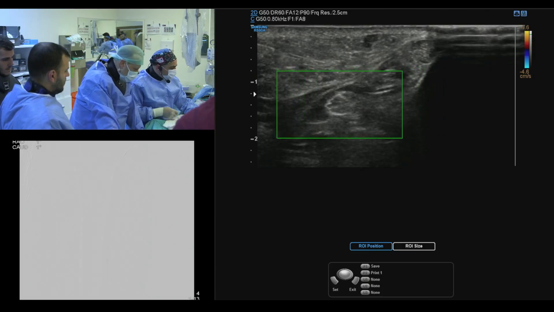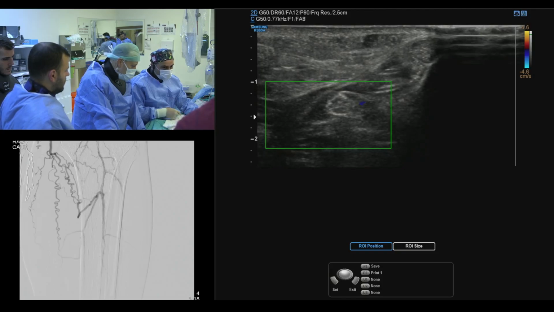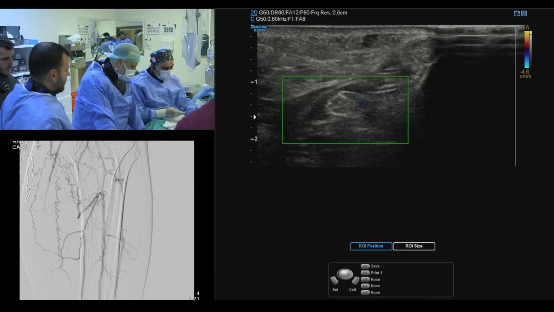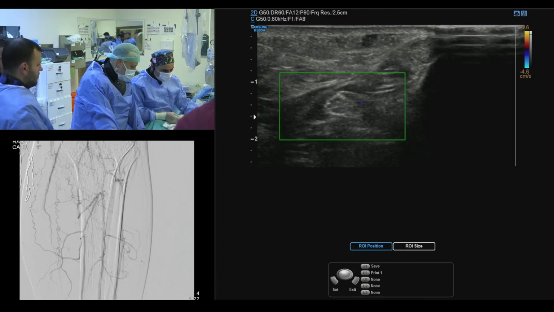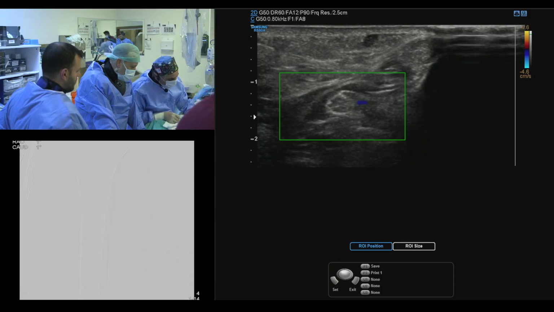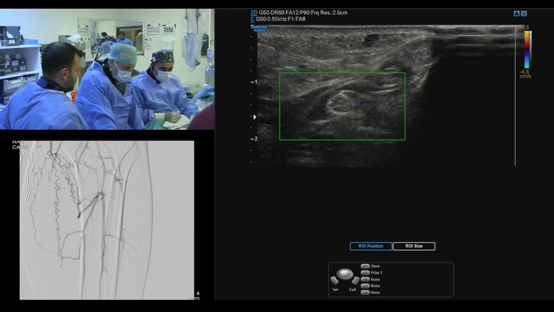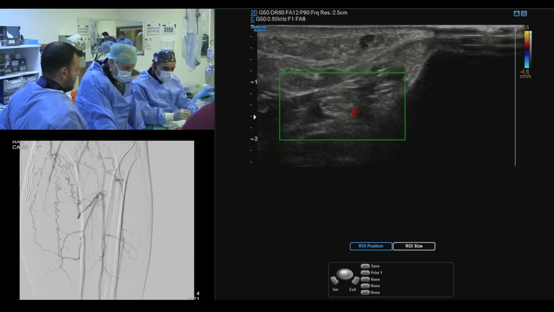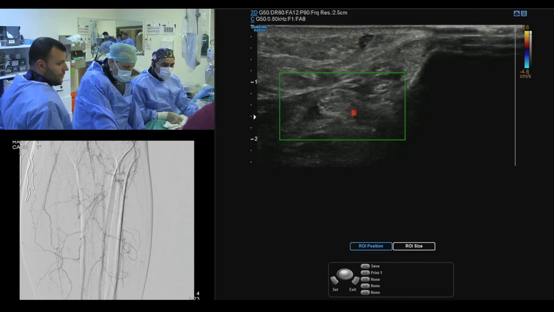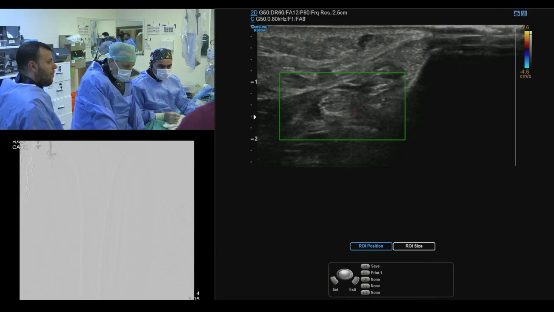Because there is a stump CTO, antegrade wire advancement is not possible, so retrograde transpedal access can be pursued. Firstly, we can try posterior tibial artery puncture guided by Doppler ultrasound.